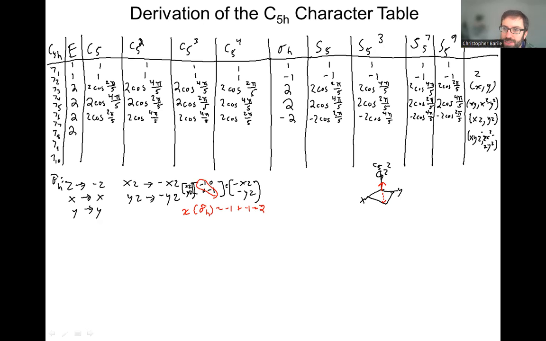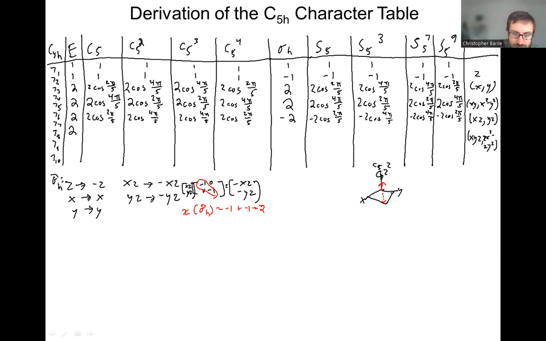Just z times this. Those are the two functions that are going to transform together, but we don't really have to do much math. We just take z and multiply it by gamma 4, what we're calling gamma 4 now, which is this one here that transforms xy, x squared minus y squared. So here we have 1s across the board, the first 4 on z, and for xz and yz, we have these values here.